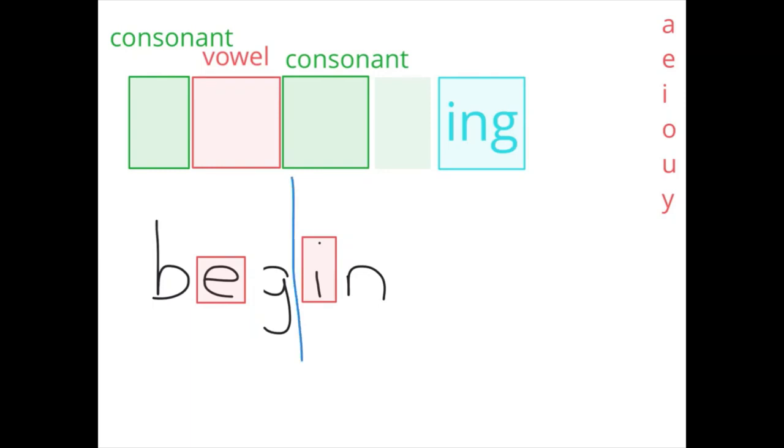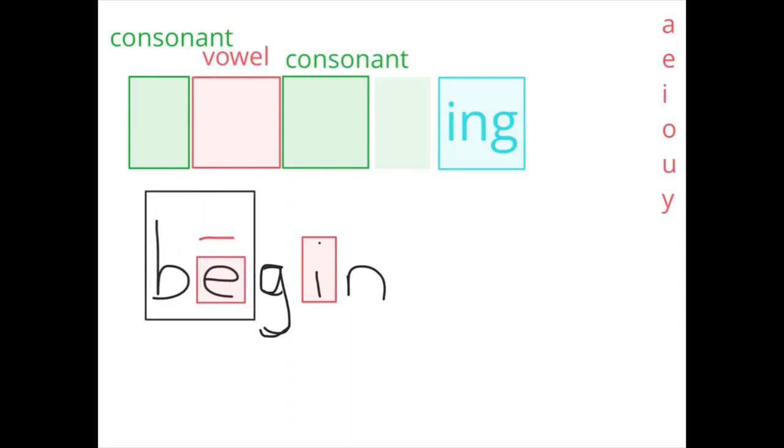So to decide this, we need to remember, let me get my G back here. Okay. We need to remember what we've learned about open and closed syllables. We know that this E is making the long sound E, B. In order for that E to make the long sound, this needs to be an open syllable. Right here.